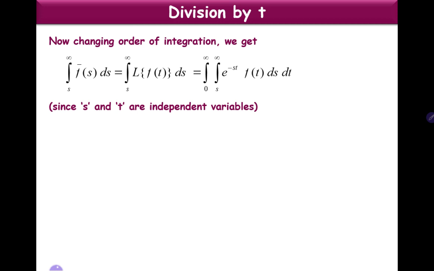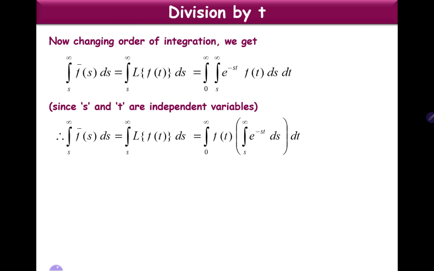Now because the inner integral is with respect to s, we can take this f of t outside this integral, so that we get integral s to infinity f bar of s ds is equal to integral 0 to infinity f of t into integral s to infinity e power minus st ds dt.